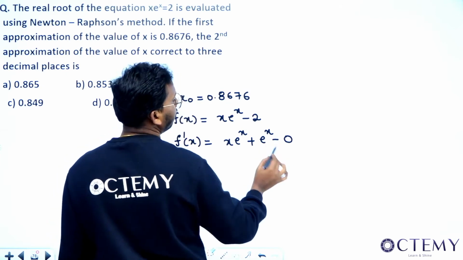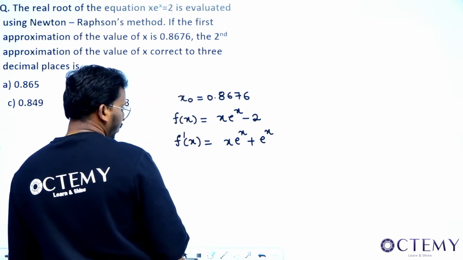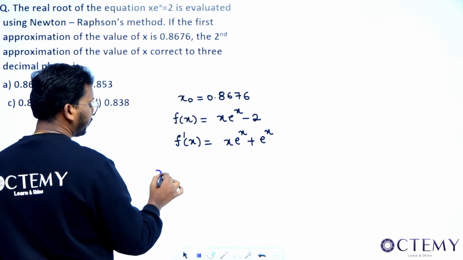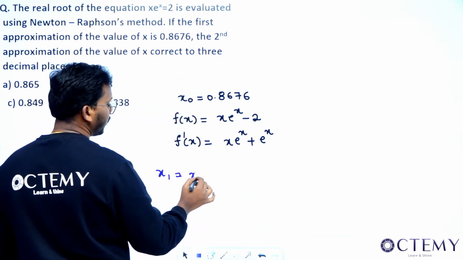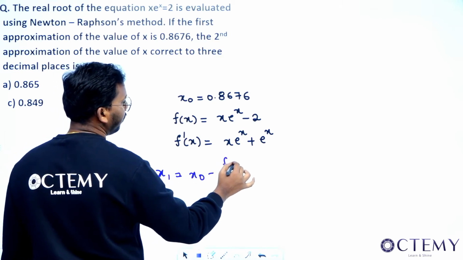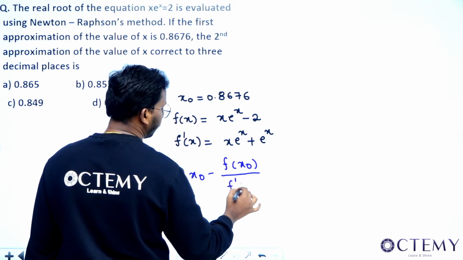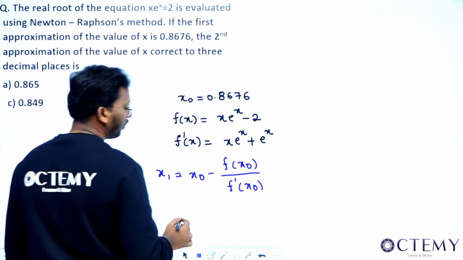You need not write that minus 0. Next, we have to find our x1. x1 would be x naught minus f(x naught) divided by f dash of x naught.